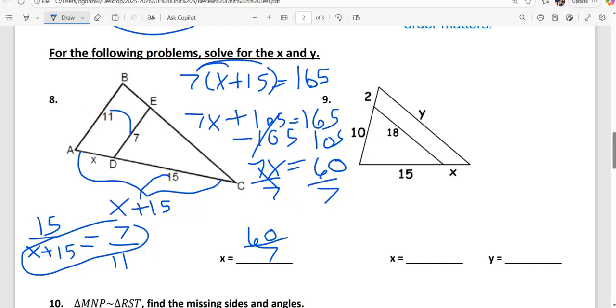On this one, it's similar to number 8. Okay.